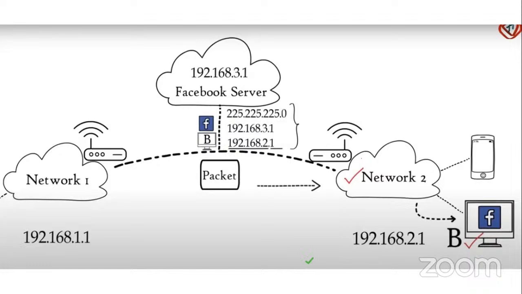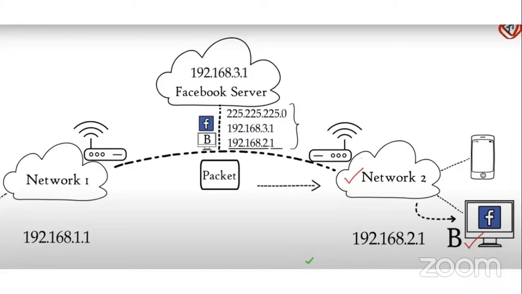While sending the Facebook web page to system B, the network layer of the Facebook server will not send the Facebook page directly. It will send the entire Facebook page in terms of various packets. Some number of packets will be there. Each and every packet will have the destination address.